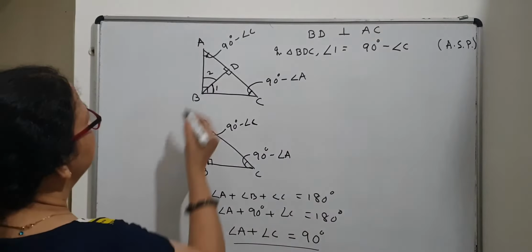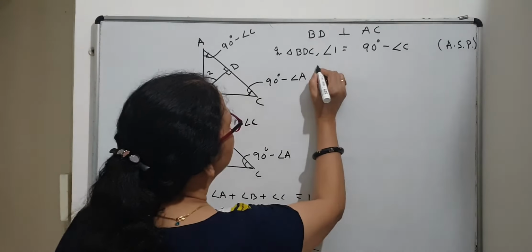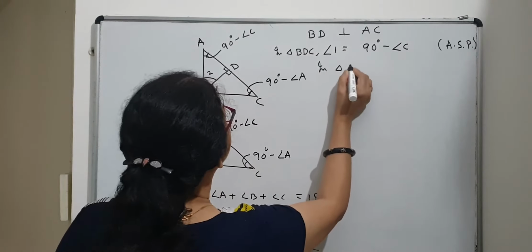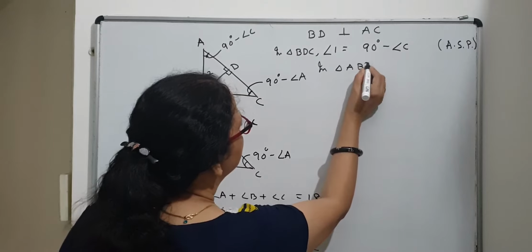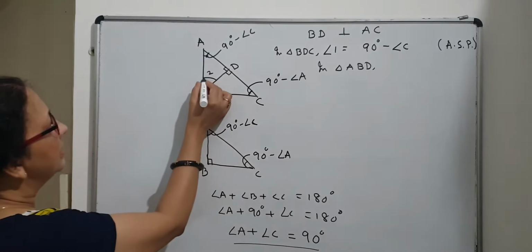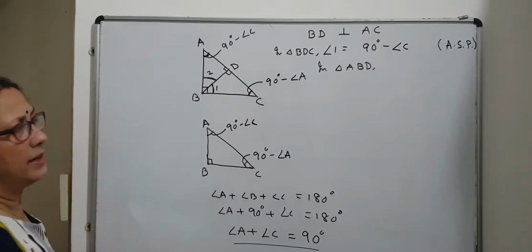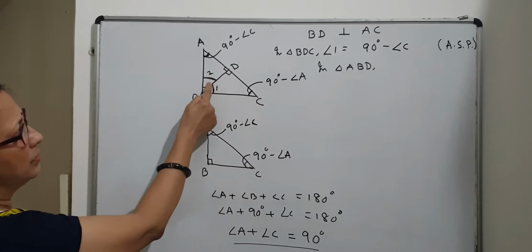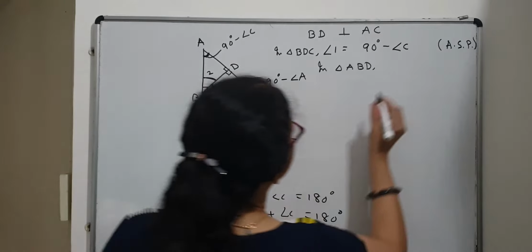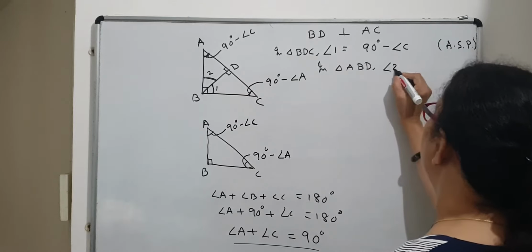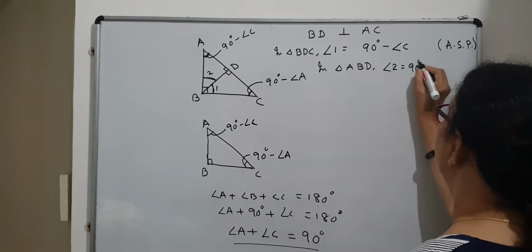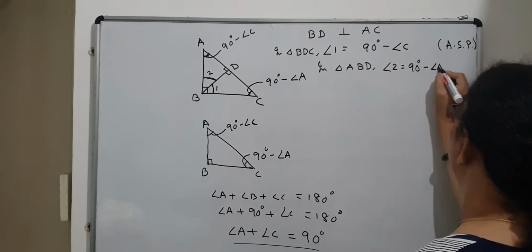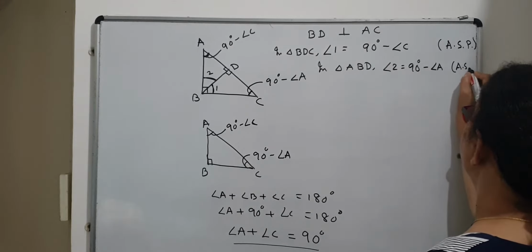Similarly, now if I take the triangle ABD, therefore in triangle ABD, this angle 2 and angle A are again complementary because this is 90 degree. So angle 2 will be 90 degree minus A, by the same process.